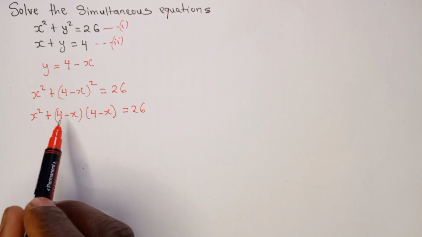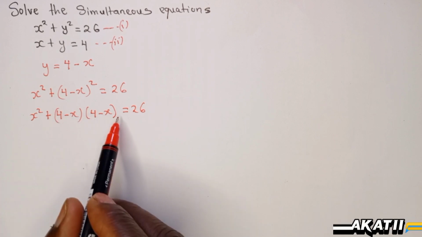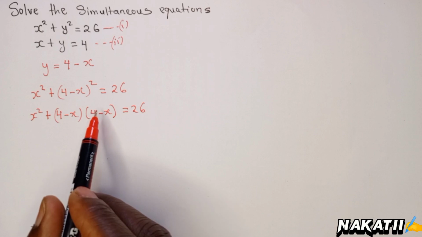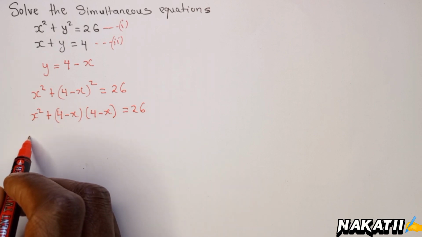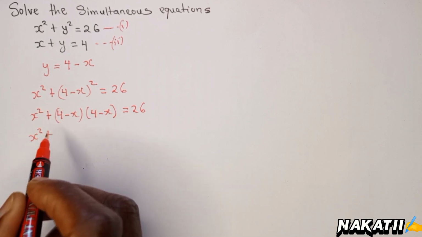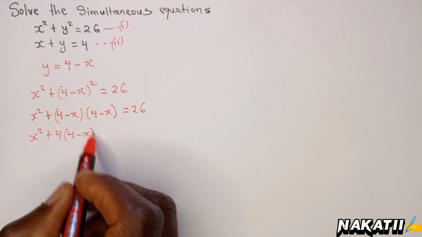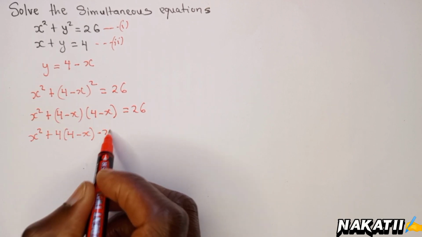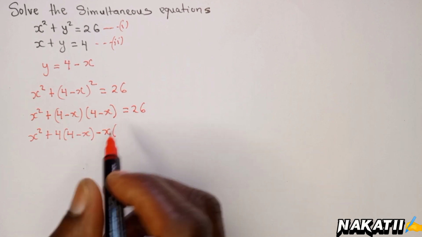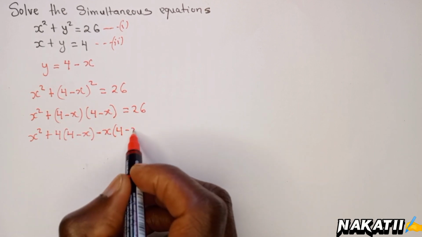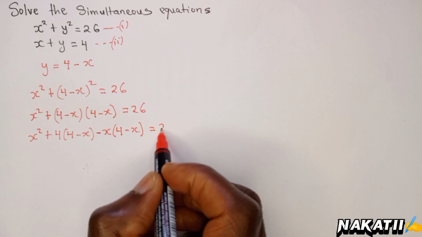This one means 4 you multiply by everything in this bracket and negative x you multiply by this bracket. You're going to have x squared plus 4 multiplied by this bracket, which is 4 minus x, then negative x multiplied by the second bracket, which is 4 minus x, which will give us 26.